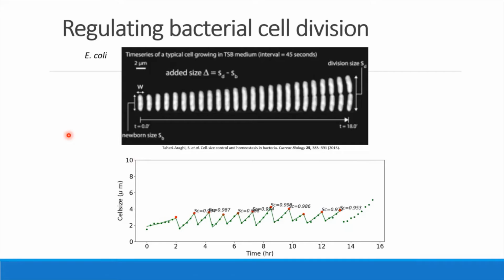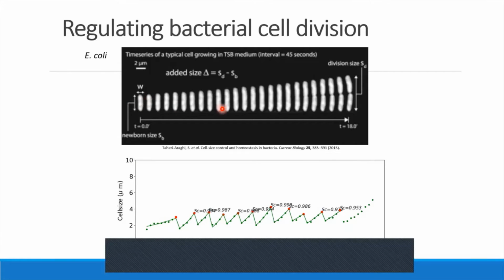So what you see experimentally is this kind of photos that you take along time, where bacteria start to grow and divide. And the data looks like this, some sort of points revealing the growth of the bacteria and the division suddenly. The division times in bacteria data seem to be stochastic in some way.